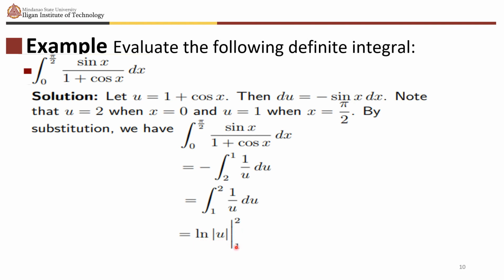And when you apply f of b minus f of a, it becomes ln of 2 minus ln of 1. But we know that ln of 1 is equal to 0. So the result is simply equal to ln of 2.